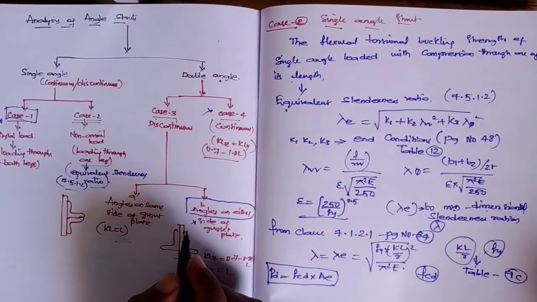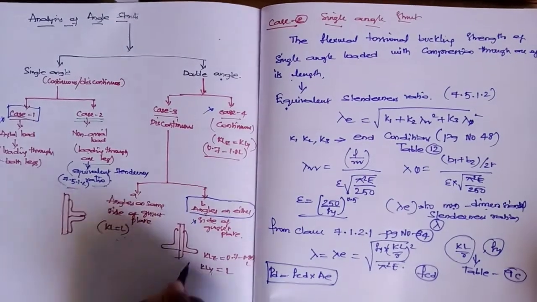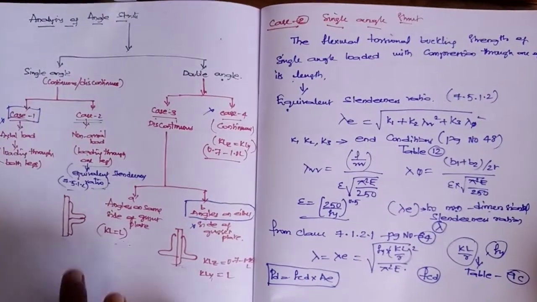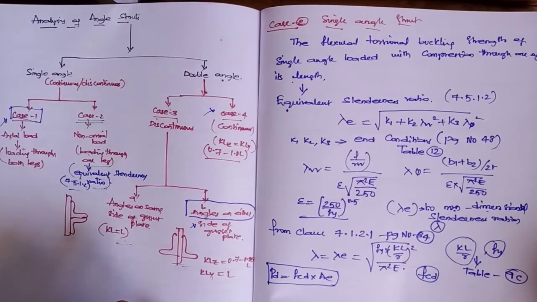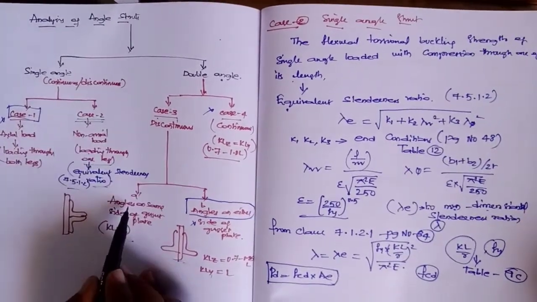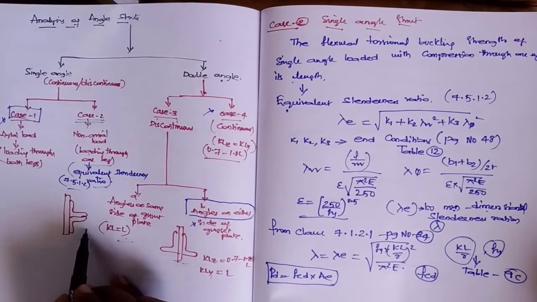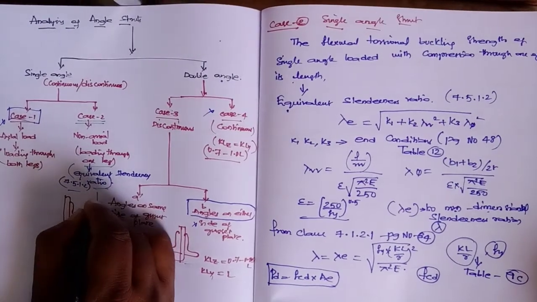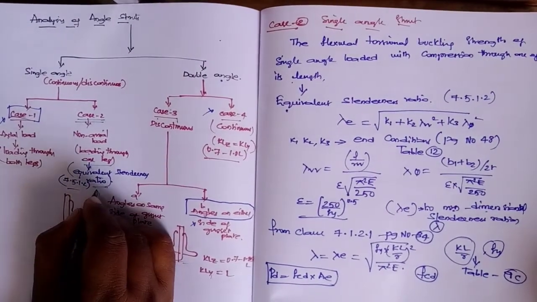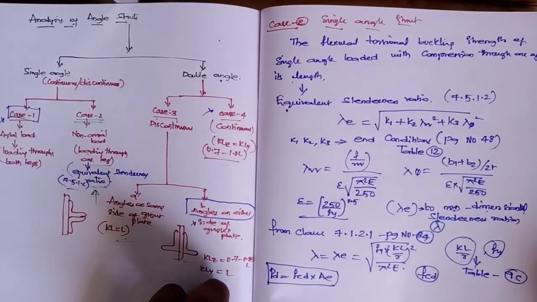Next, angles on either side, that is either side of gusset plate we have done. Now the observation is non-axial load and double angle discontinuous angles connected on same side of gusset plate: the procedure is the same, that is the equivalent slenderness ratio concept.